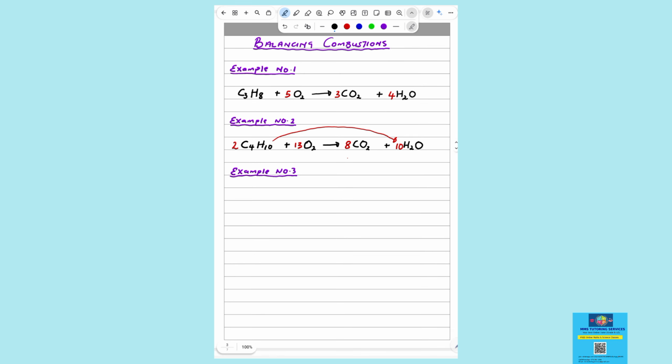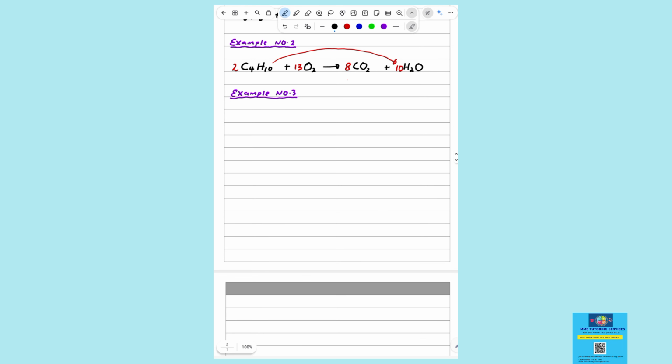Ethane has the formula C2H6. This is burnt in excess oxygen, and then we produce, as we know, carbon dioxide plus water.